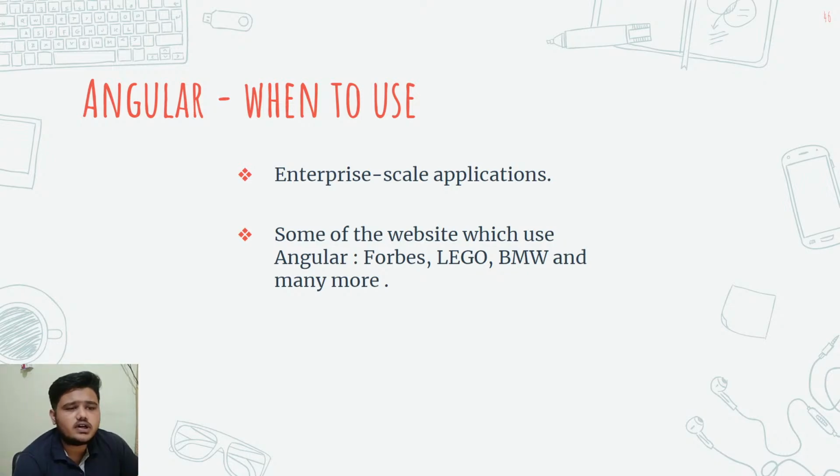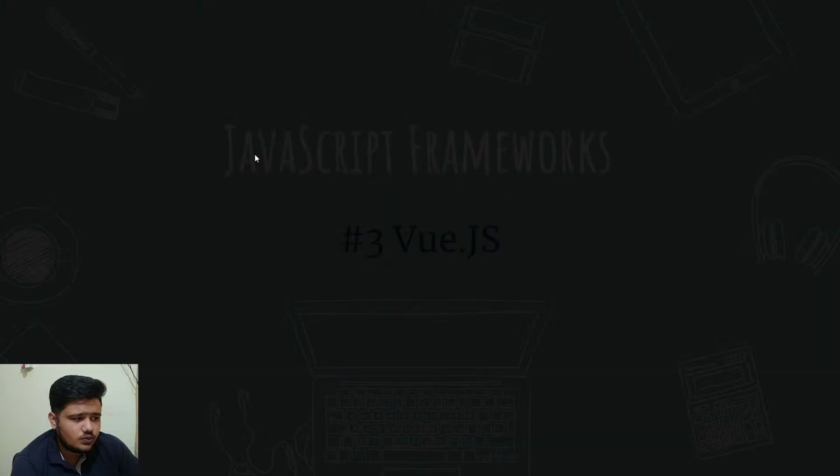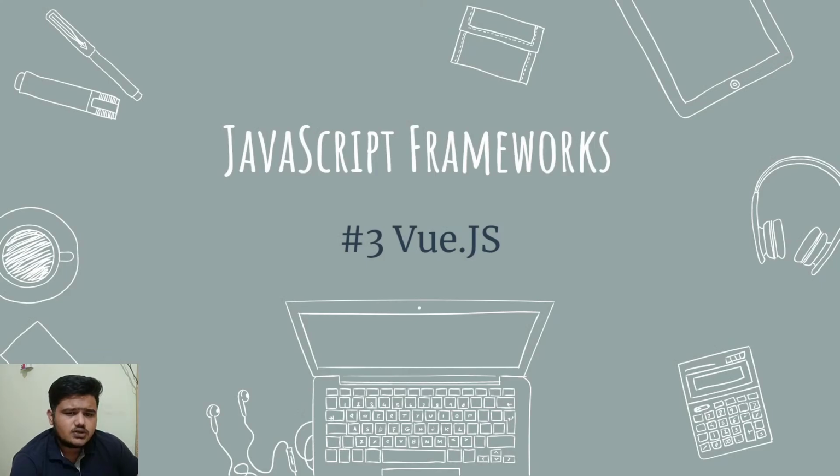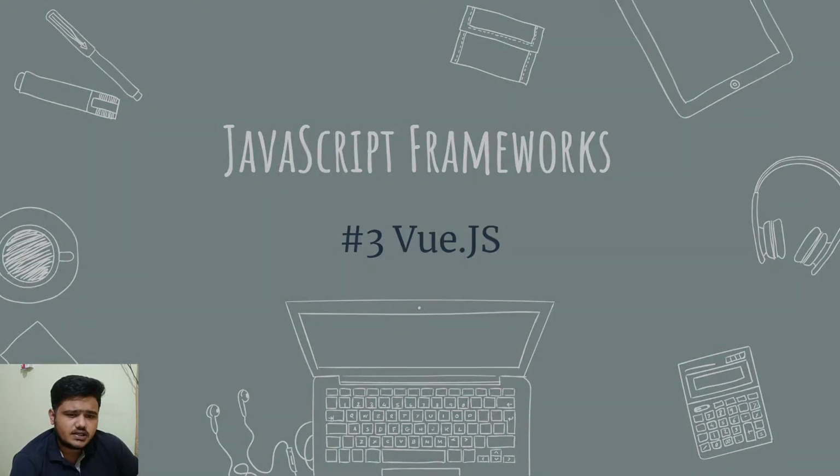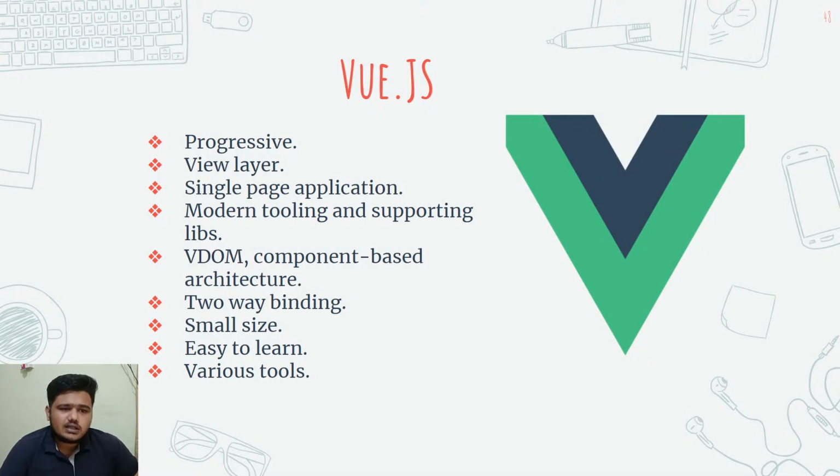So moving forward, we will be discussing the next framework, which is Vue.js, right? When we talk about Vue.js, it is a progressive framework for building user interfaces. This is the simplest textbook definition for Vue.js. However, unlike other monolithic frameworks, Vue is designed from the ground up to be incrementally adaptable.